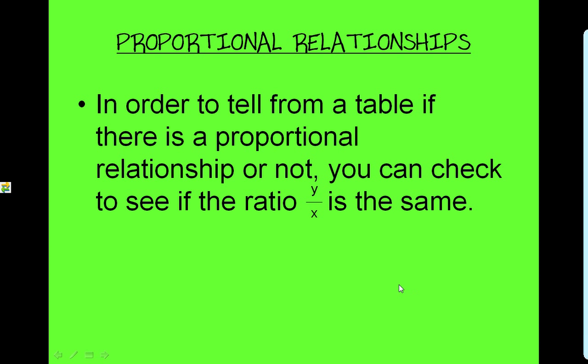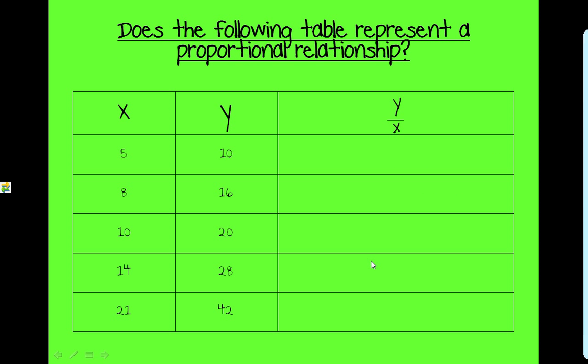In order to tell from a table if there is a proportional relationship or not, you can check to see if the ratio y over x is the same. Now let me further explain that. Here you have your value. If we were to actually draw a coordinate for this here, this would be your x is 5 and your y is 10. Just keep that in mind, what x and y are. If we were to plot that on a graph, we would go over to the right 5 and then up 10.